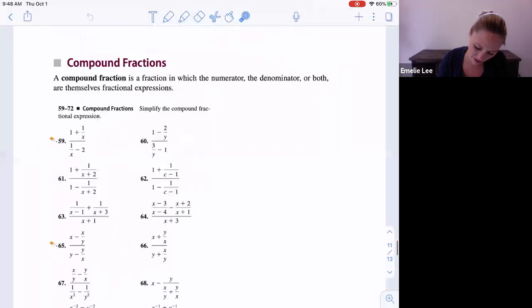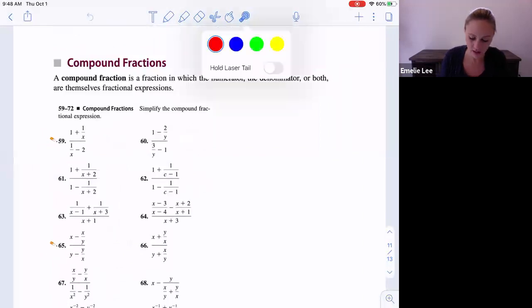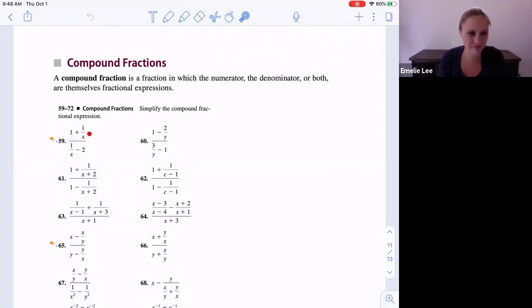So compound fractions are really just a fraction over a fraction, right? But it could be 1 plus 1 over x, over 1 over x minus 2, right? So not all of it has to be a fraction in order to be a compound fraction. In fact, usually it's split up.